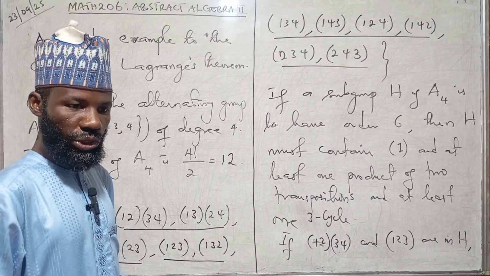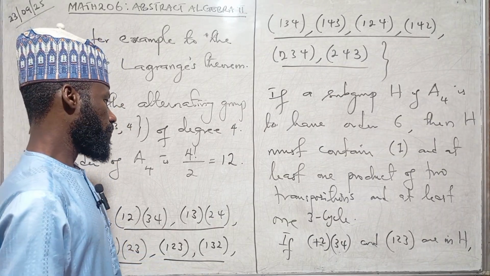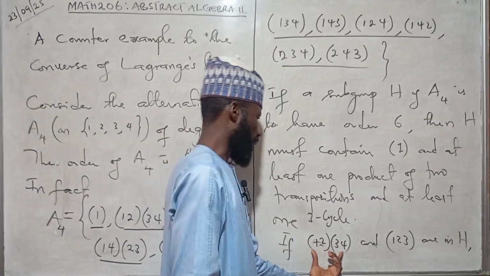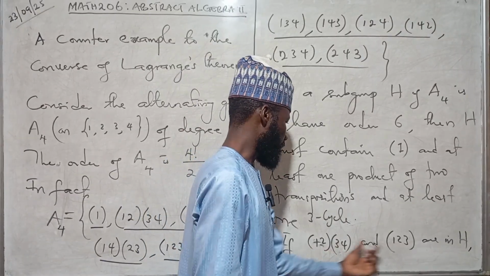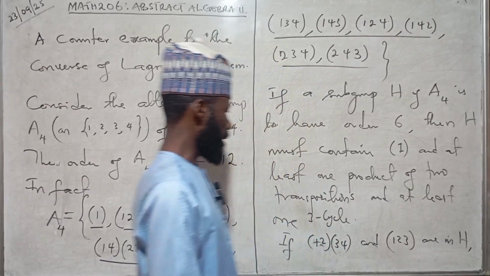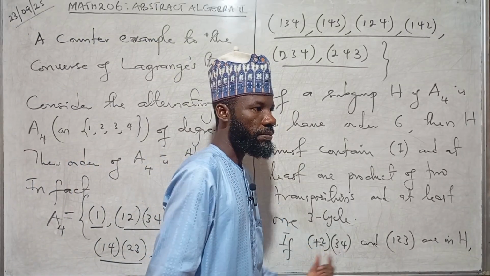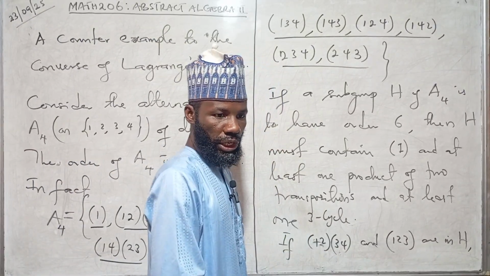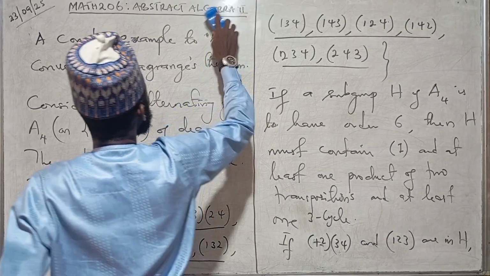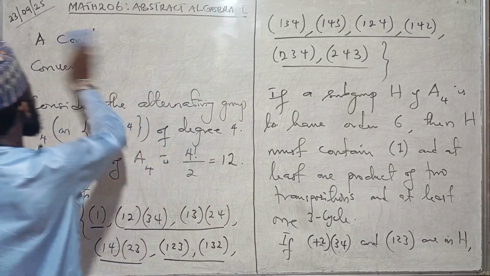H must be closed because it's a subgroup. So if you assume this is a product of two transpositions in H, and this is a cycle of length 3 in H, then H must be closed. It means the composite of the two must be in H.